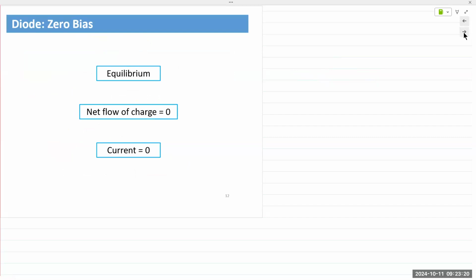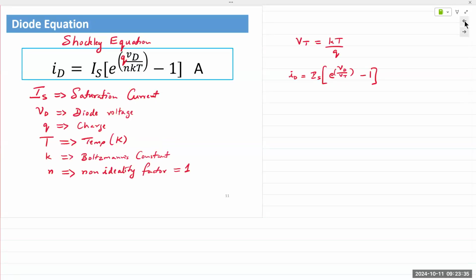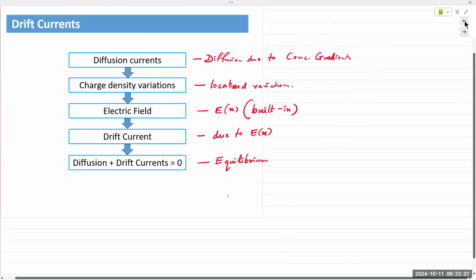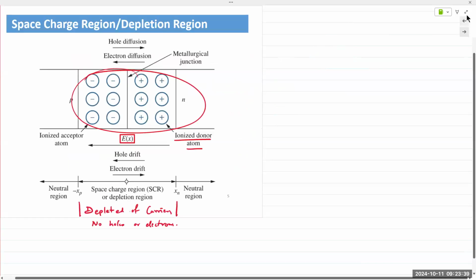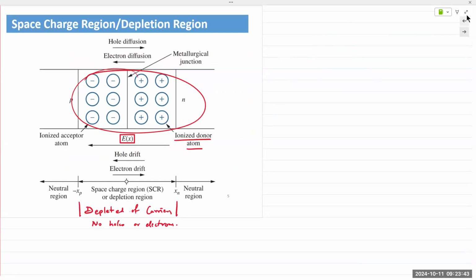Okay, so now let's take a look at what happens to the diode, the PN junction, under 3 separate conditions: zero bias, reverse bias, and forward bias. Zero bias is something that we saw previously when we first discussed the PN junction. We have a P-type material and an N-type material.